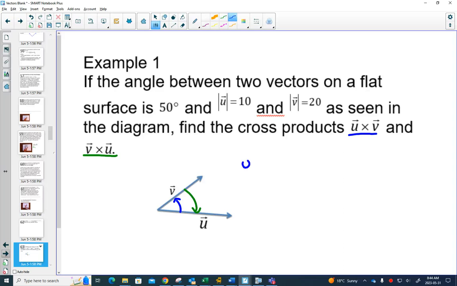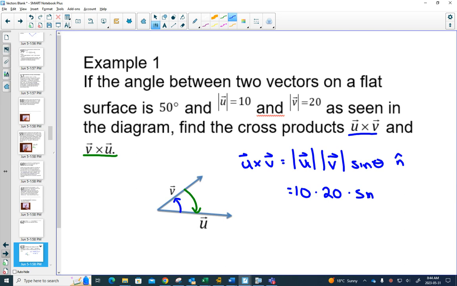So if we start with the blue one, U cross V, it's going to be the length of U times the length of V times sine theta times n in the direction upwards. We know that the length of U is 10, the length of V was 20, and the angle in between them was 50 degrees.